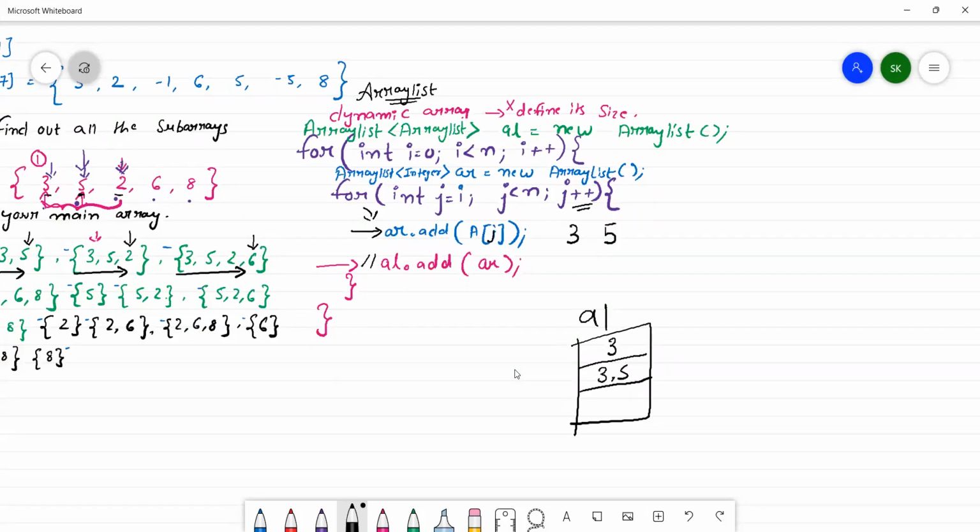Next time it will again run, so it will add 3, 5 and 2. This is the work of your AL ArrayList. Yeah, one minute. What I'm saying is, you are containing an ArrayList of ArrayList, right? But while iterating over the outer ArrayList, you cannot add or remove an inner ArrayList element. It will give you a concurrent modification exception.